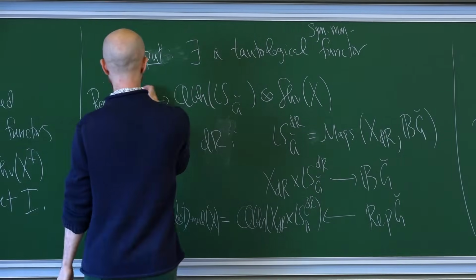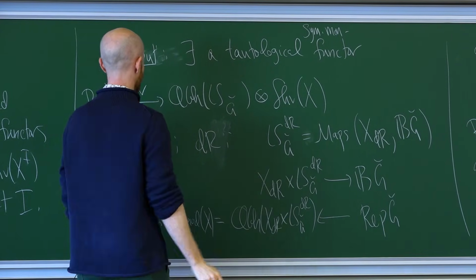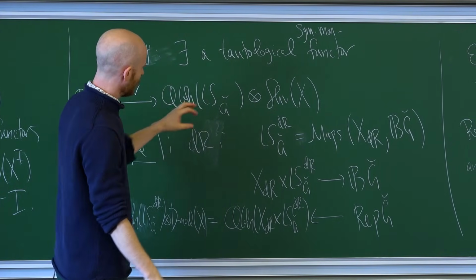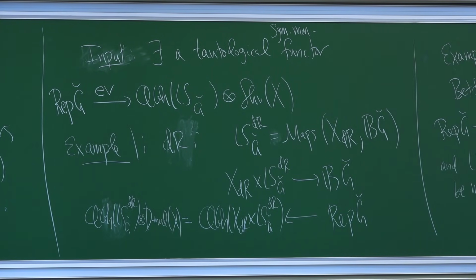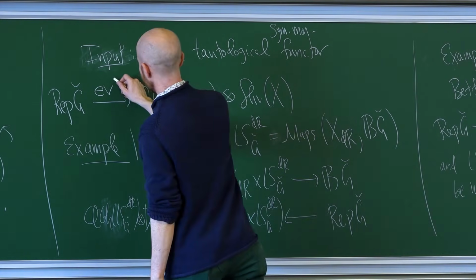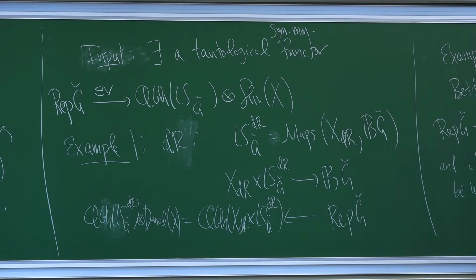What do I want to call this? How about I'll call this the evaluation map. It's some way of forming universal evaluation bundles.